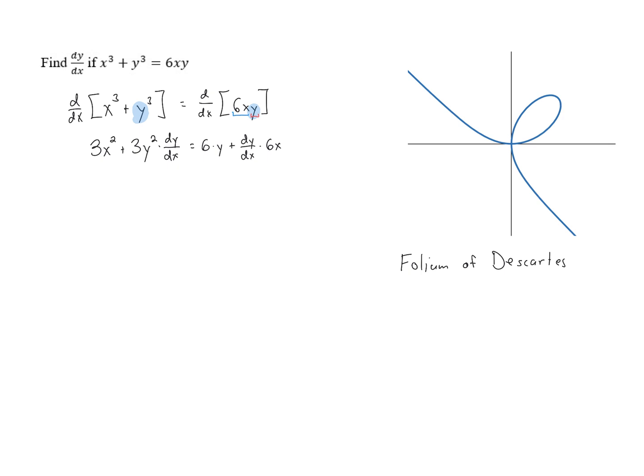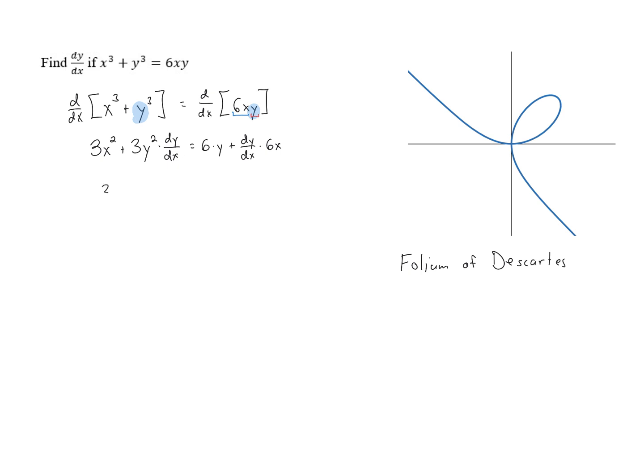Now, to figure out what the derivative, dy over dx, is, we need to isolate dy over dx on one side of the equation. So I want to take this term that has a dy over dx and subtract it so it moves to the left with the other term. And I'm also going to subtract 3x squared from both sides to move it to the right-hand side, so that we'll have all the terms with the dy over dx on the left and everything without on the right.